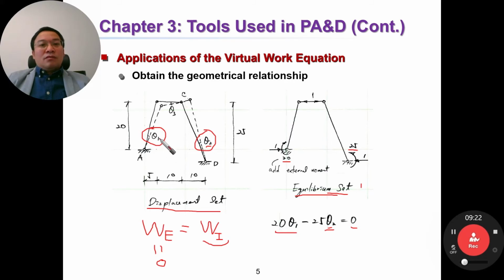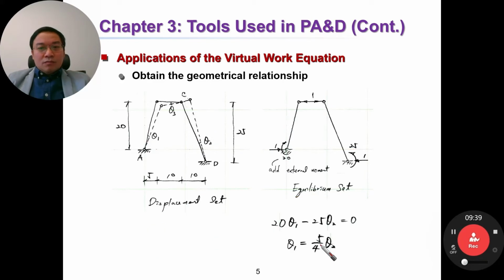But for this development, we have to consider also the sign convention. And now, very simple, we can determine the relationship between theta 1 and theta 2. Theta 1 equal to 5/4 of theta 2. Very simple, right?